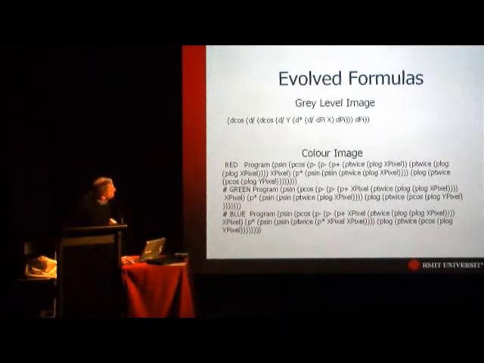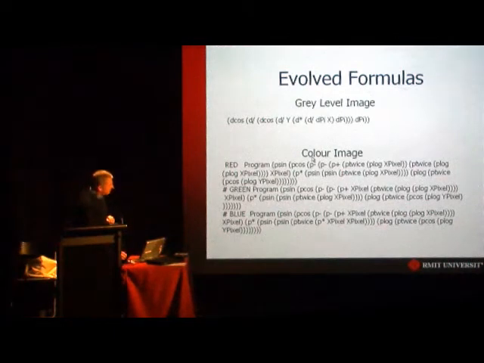For colour images, what we do is say we need one formula for red, one formula for green, and one formula for blue. And when we evaluate the formula, we get RGB, which is what gets in the final result.